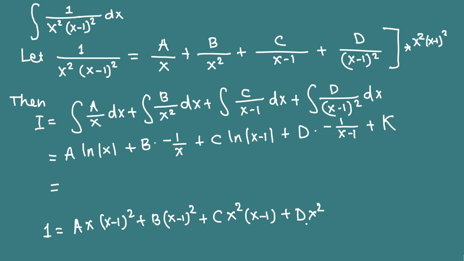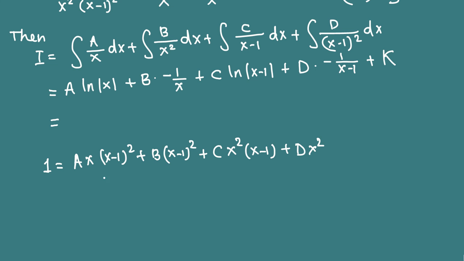Now from this equation we need to determine the values of a, b, c, and d, and we will go back, plug those values in here, and we get the final answer.